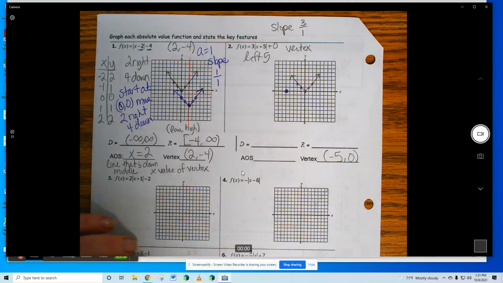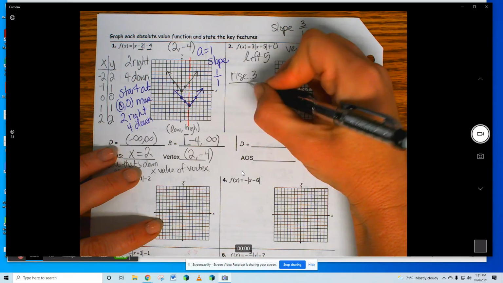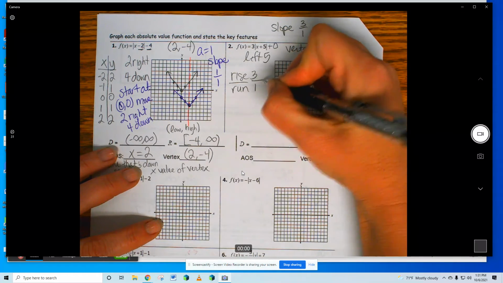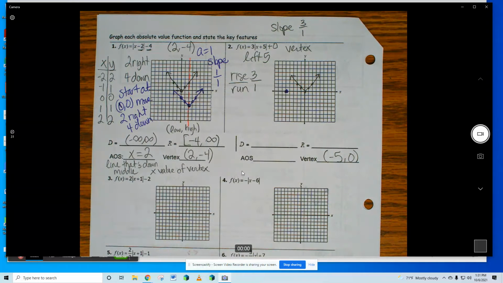However, I need to do my slope. So I need to rise 3 and run 1 in both directions. I need to make a V shape from my vertex that rises 3, 1, 2, 3, and over 1. And then 1, 2, 3, and left 1.